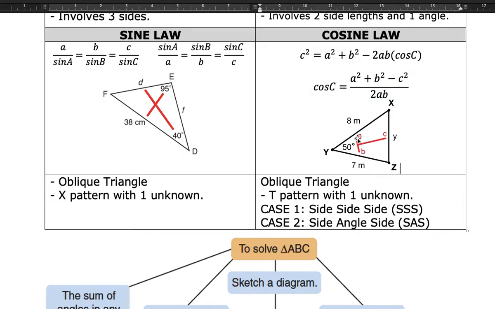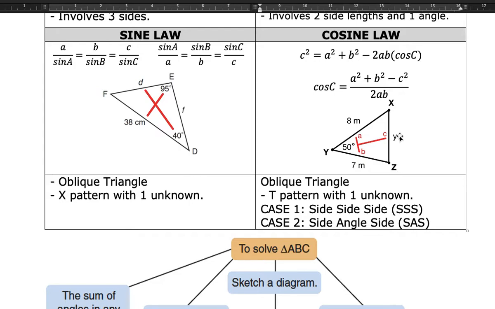If we have a T pattern, we can use this formula with this T shape if it's applied in the following manner. A and B are on each side. In this case, side, angle, and side are given. That's one of the cases. And the opposite length is unknown, and we can use cosine law to determine it.